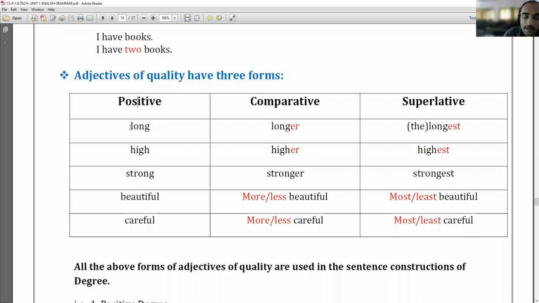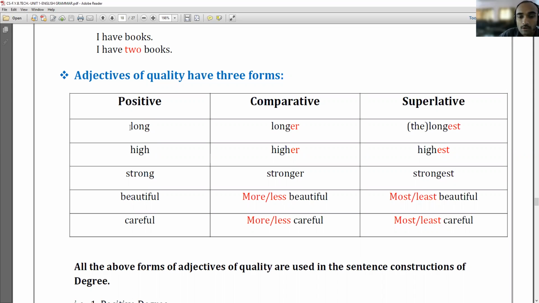And when we are using comparative or superlative form, we have to add the er or est suffix to that root form. So if long is the positive form of the adjective, then its comparative form is longer, and its superlative form will be longest.